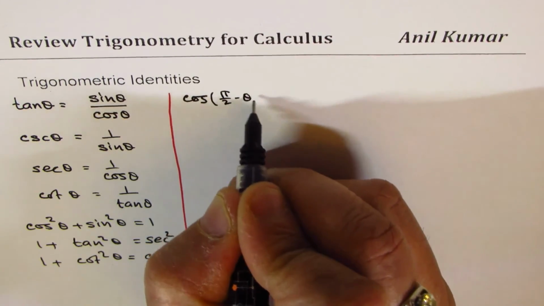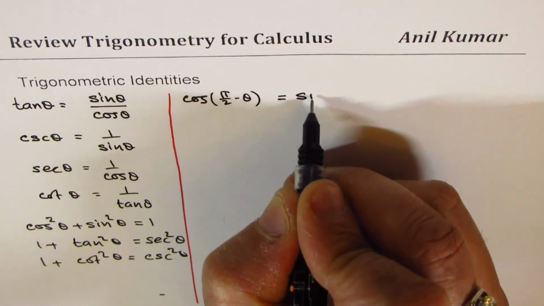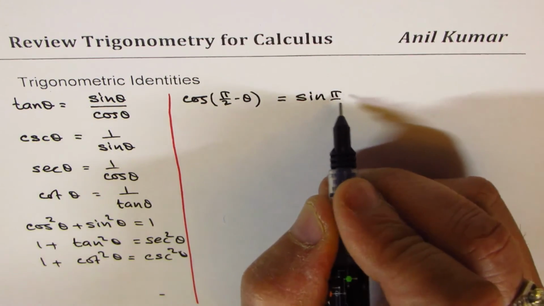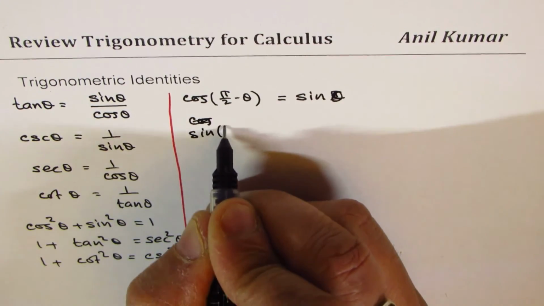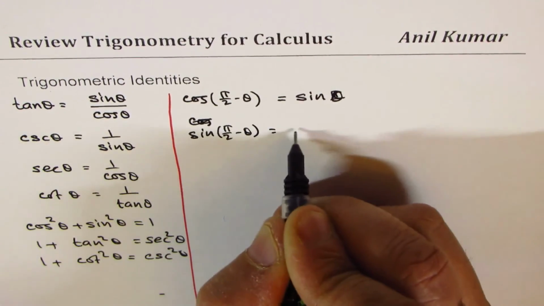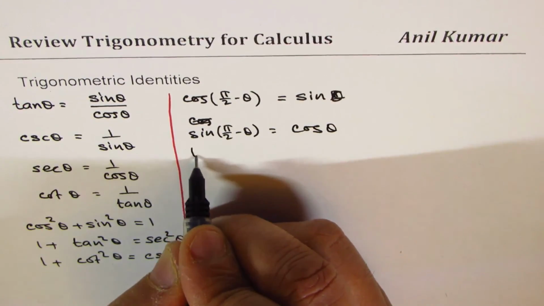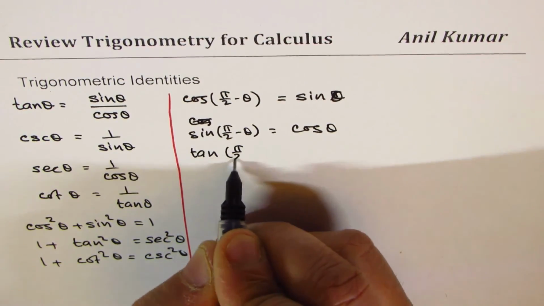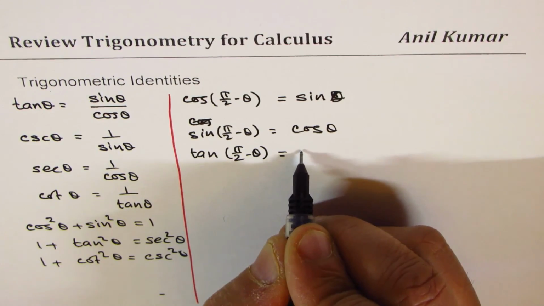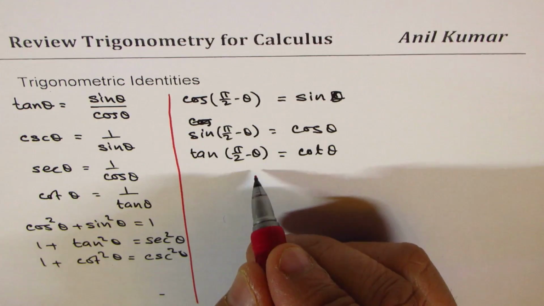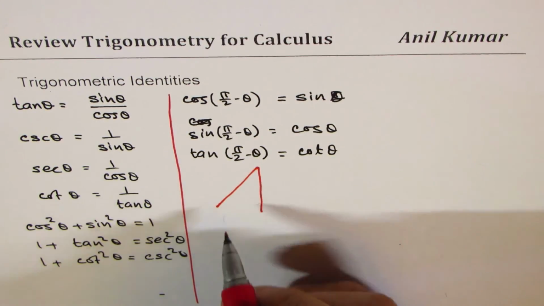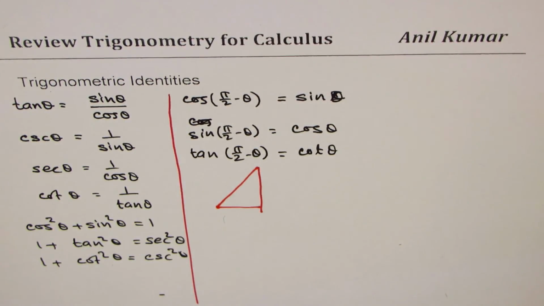So this is one set of identities which we learn, and then we also learn that cos of pi by 2 minus theta is equal to sine theta, and sine of pi by 2 minus theta is equal to cos theta, right? Similarly, tan of pi by 2 minus theta is equal to cotangent theta. All these formulas we get from the triangle, understanding that one of the angles in the triangle is 90 degrees, correct?